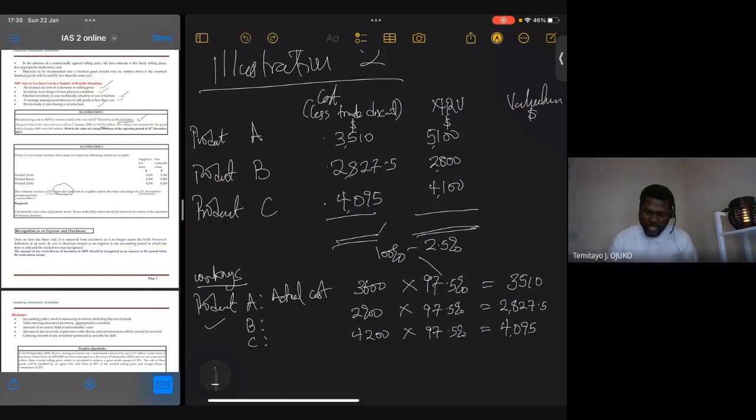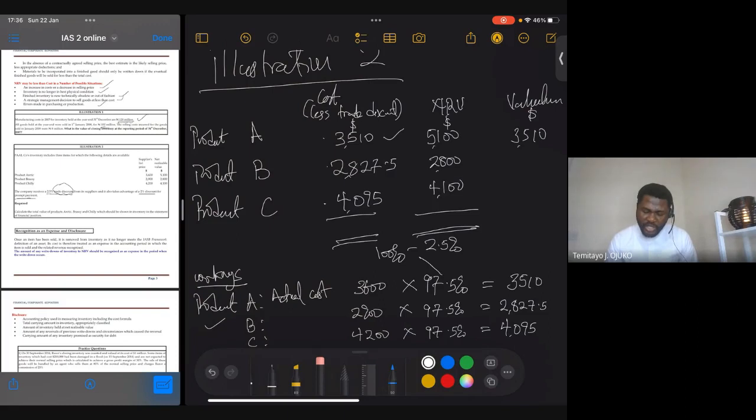So we are going to do that, which is lower. Net realizable value is lower. 3510, which is lower. Net realizable value is still lower. Sorry. For the first one, the cost is lower, not net realizable value. 3510. For the second one, 2,800, right? 2,800, which is what? 2,800 is actually the net realizable value.